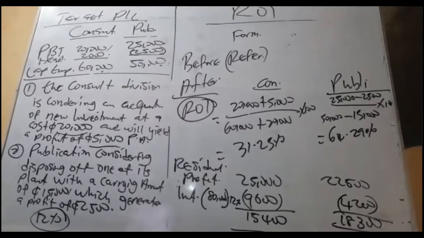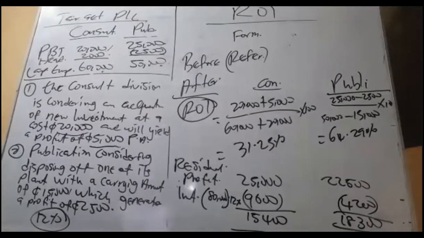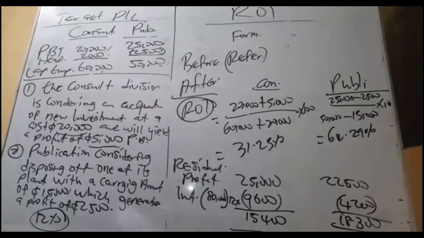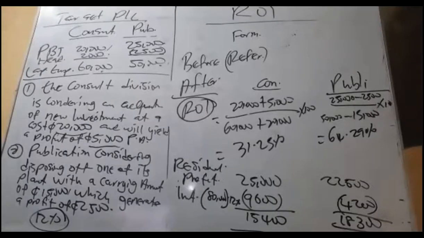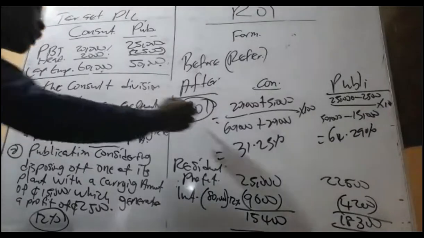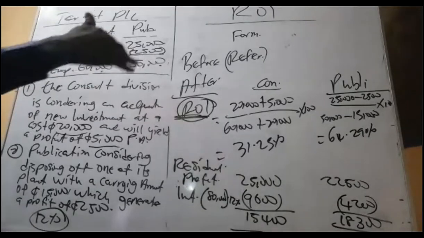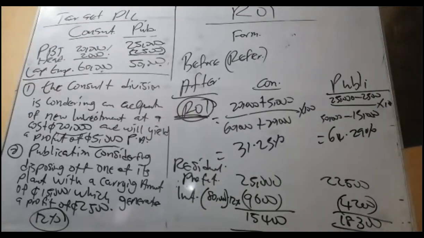It conforms with the accounting profit, or the accounting style of obtaining the profits. And then two, it's easy to understand. The only challenge, a great challenge with return on investment, is that as the division's asset is getting older.